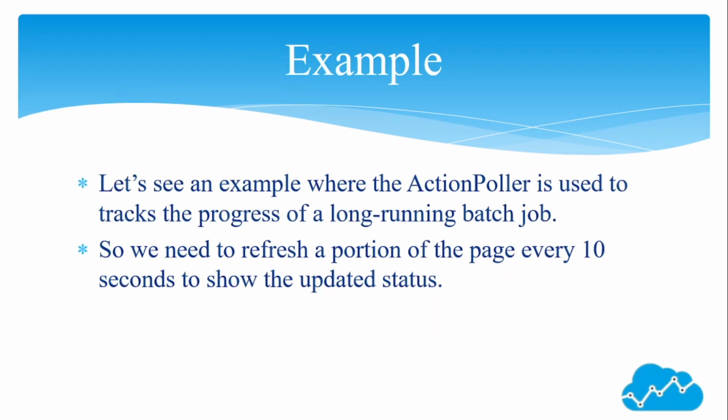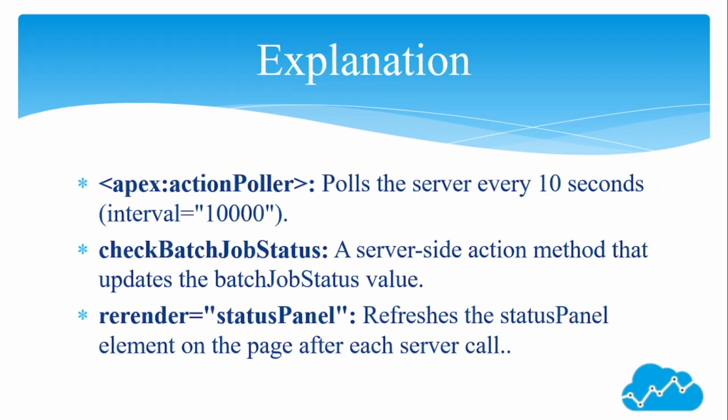Let's see an example where the action poller is used to track the progress of a long running batch job. So we need to refresh a portion of the page every 10 seconds to show the updated status. Explanation: Apex Action Poller polls the server every 10 seconds, interval 10,000.